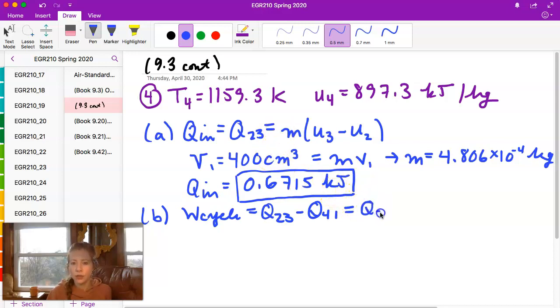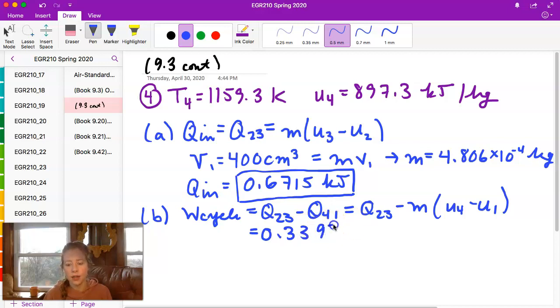So it's going to be Q23 minus the M that we found times U4 minus U1. And U4 we looked up and interpolated and found was 897.3. U1 we found was 206.91, and so we get a W cycle of 0.3397 kilojoules.